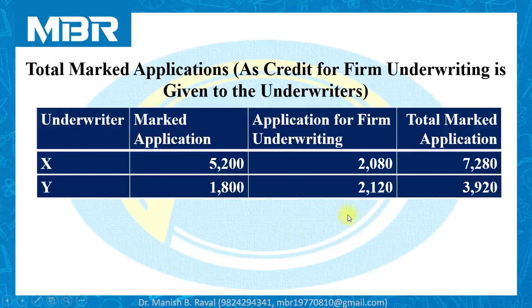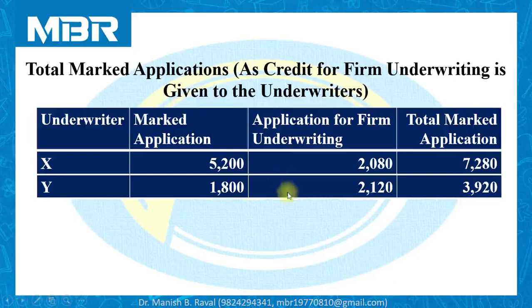So, if you provide credit or benefit of firm underwriting to Y, then total number of marked applications for underwriter Y becomes 3,920. This is the biggest difference when credit is not given and credit is given.